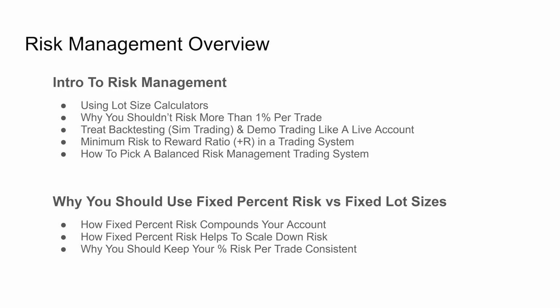And on the flip side, I've also done the opposite, where I've hit drawdowns and then started risking 0.1%, and I catch some 20R trades, and over that series of trades at the end of the month, I ended up having a positive expectancy. But the problem was because I scaled my risk down so much, I wasn't actually able to recover much. A 20R trade with a 0.1% risk now becomes only 2%.